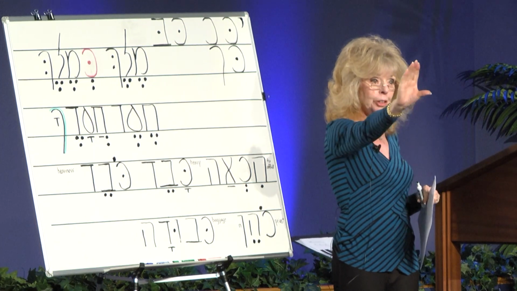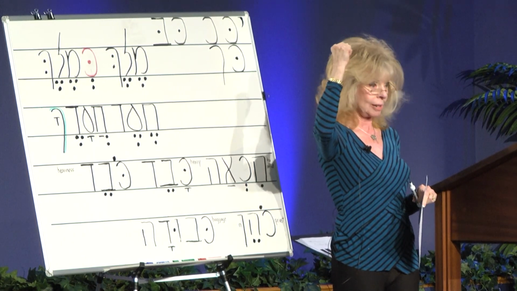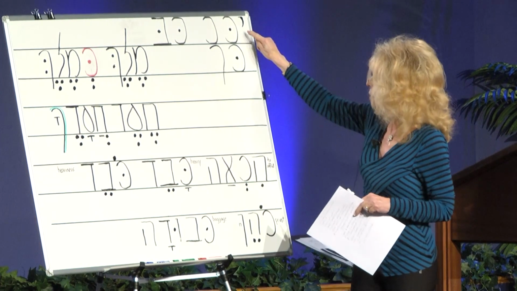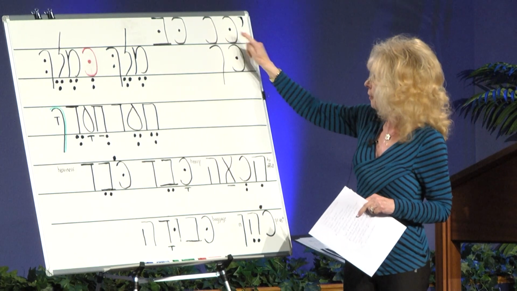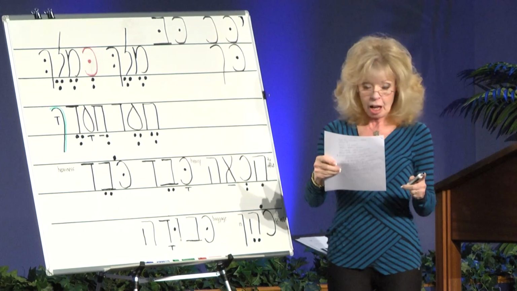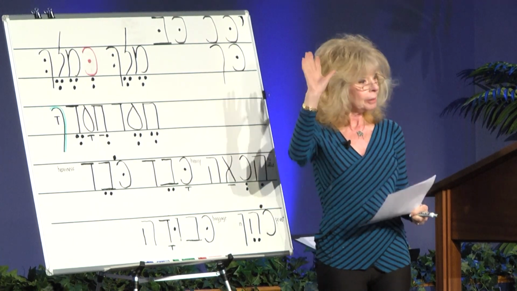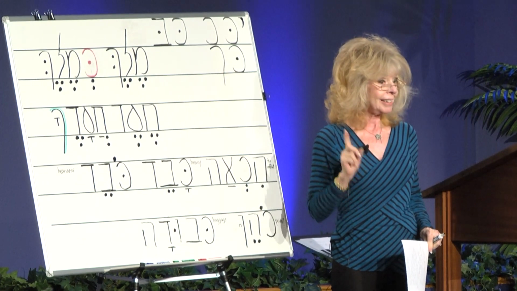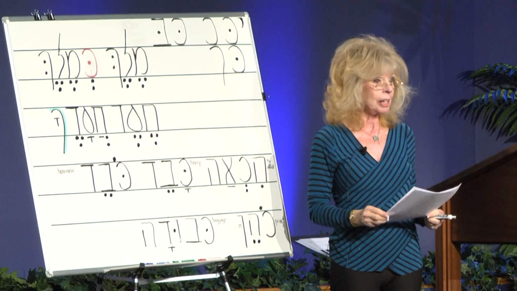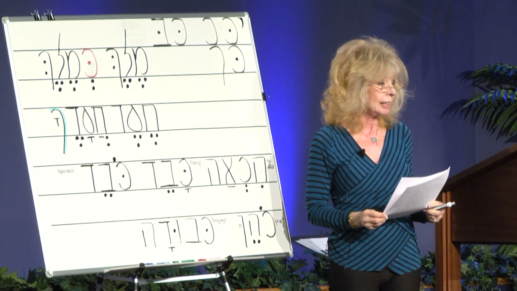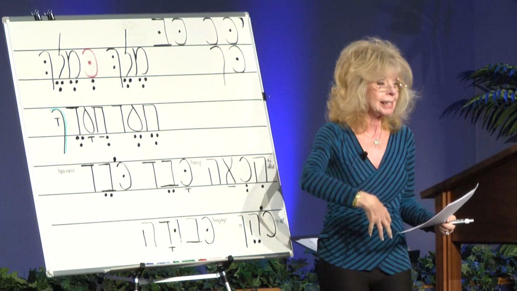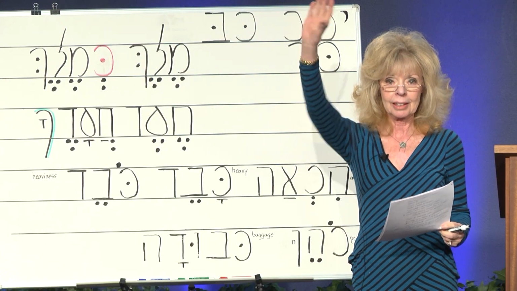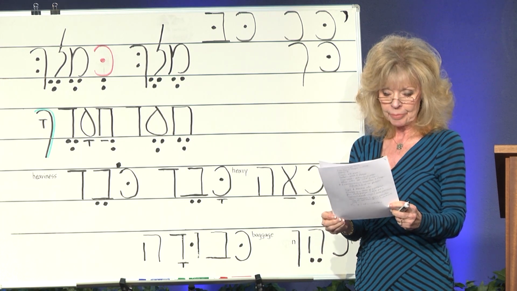It's open for you or closed for me or mine, okay? So the yud is closed, the cough is open. Both hands are meant for work, and that's the thing we want to hold on to. We are to be working. We aren't just to be receiving, we're to be giving. That cough is an open hand.